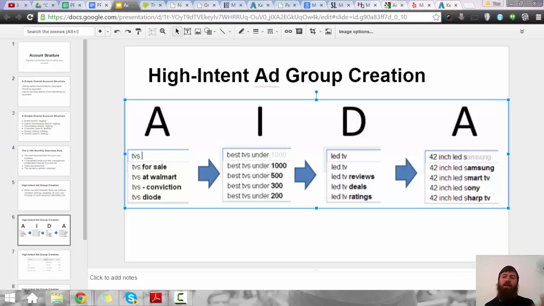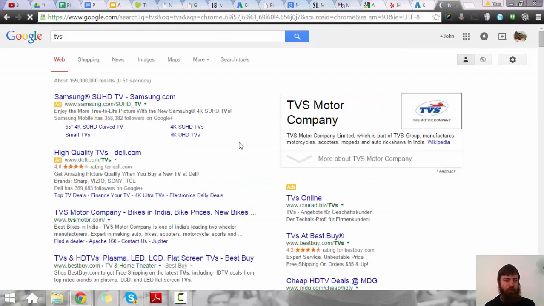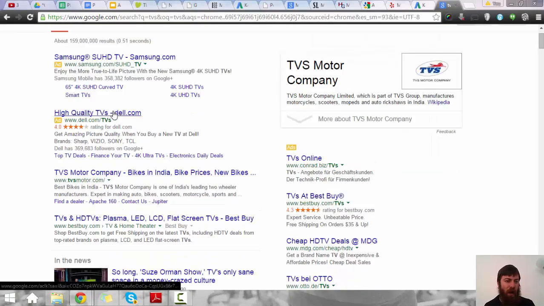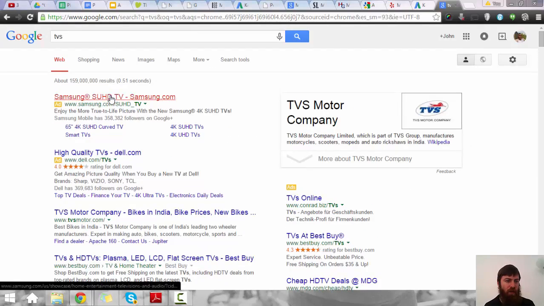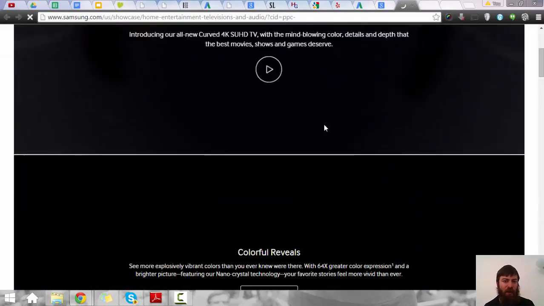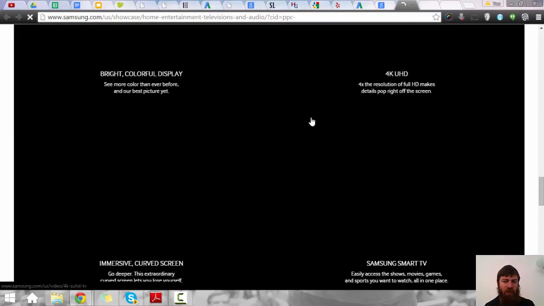And once they realize, let's just do this, TVs, what we realize is there are 1,000 different types of TVs, high quality TV. If we start looking around, let's just open up a couple tabs here, getting a lot of tabs going. But how much are these TVs?